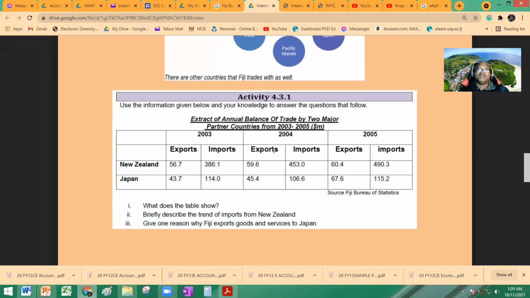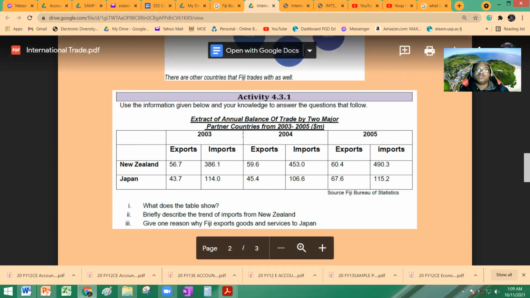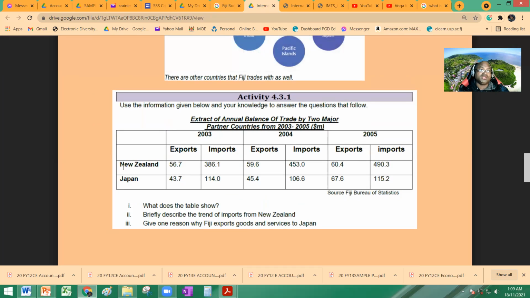Okay, we have activities. There's a table given here. There's a column there, 2003, 2004, 2005, and then the names of the rows, New Zealand and Japan. We've got the question here. Use the information given below and your knowledge to answer the questions.